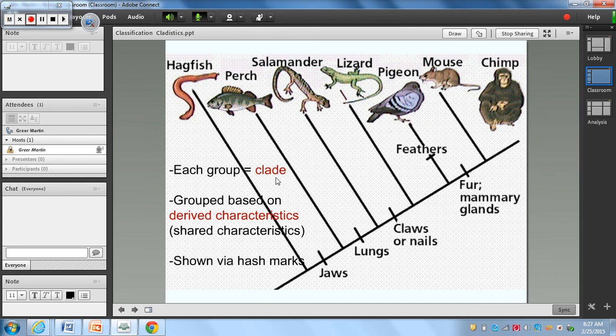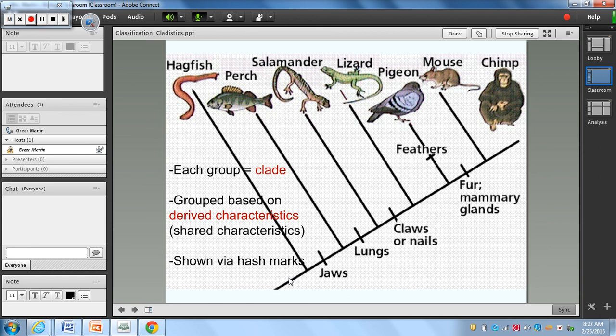I think this is at the bottom of your notes. They're grouped based on these derived characteristics, which are shared characteristics. So these are these little hashtags down here that show characteristics for these organisms. So let's just do one more. Let's look at the lizard.